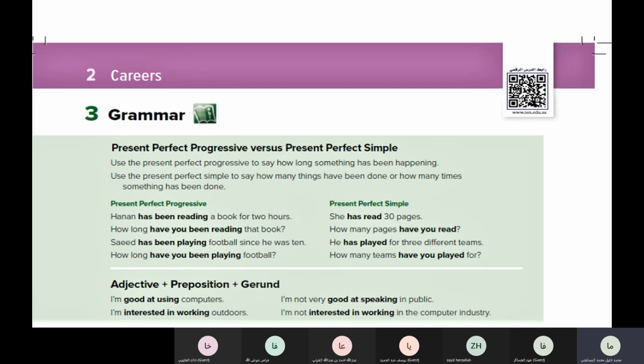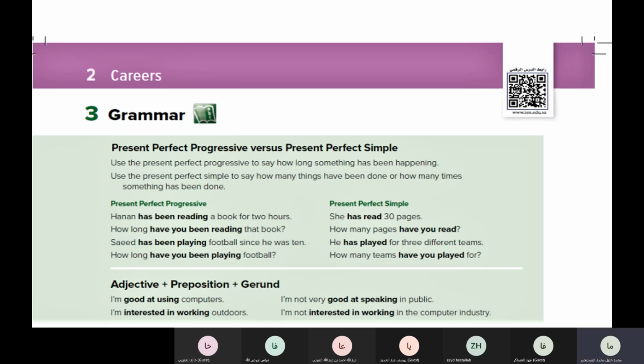For example, I have been studying English for 6 years. What does this mean? It means I started 6 years ago, and I'm still what? Studying up to now, and may continue in the future.